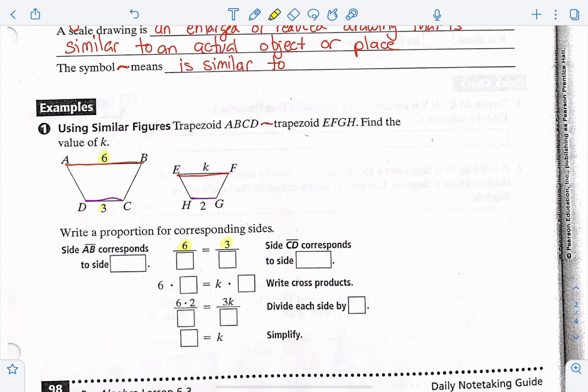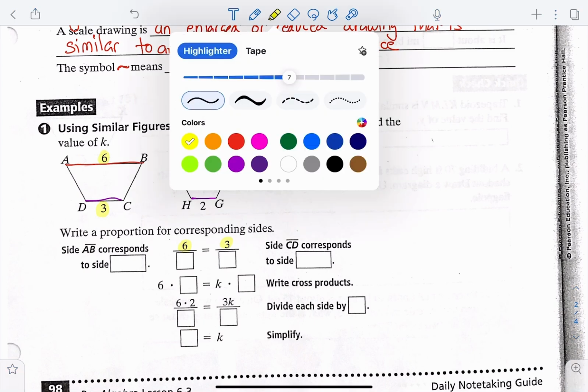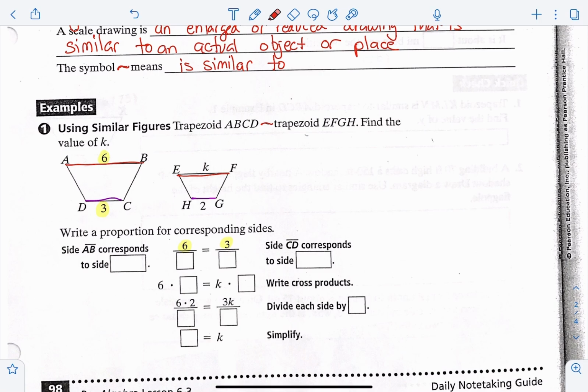Notice that those are on the tops of the fractions, and they both come from this first ABCD trapezoid. Then they have left blank, and we're going to put the corresponding ones from the EFGH trapezoid. So 6 and K are the same side, so it would be 6 over K. And then 3 and 2 are the same side, so it would be 3 over 2.